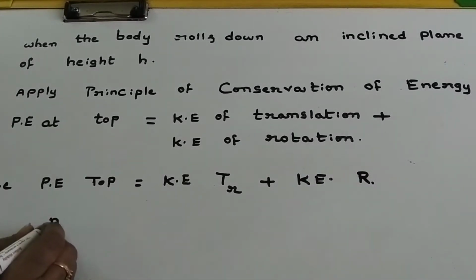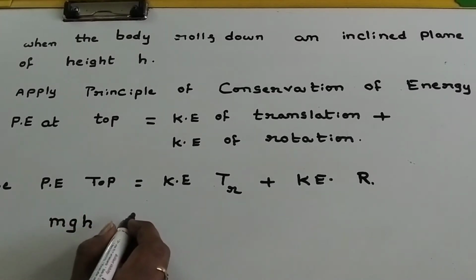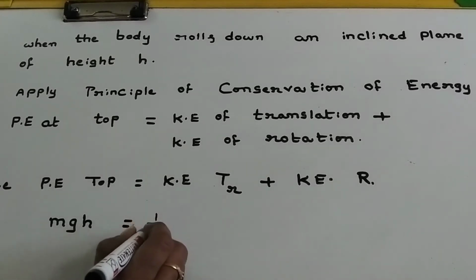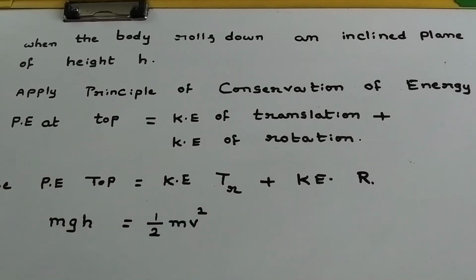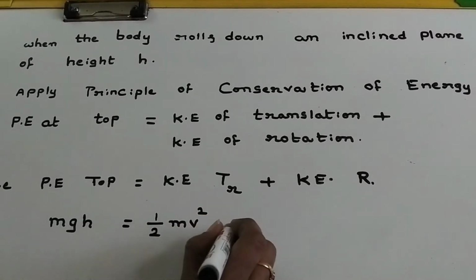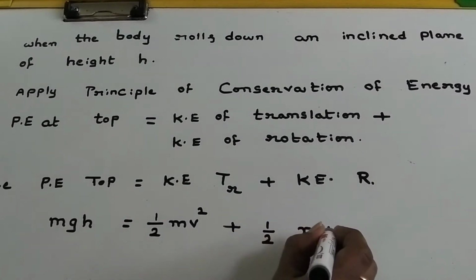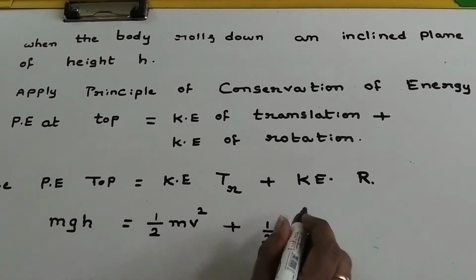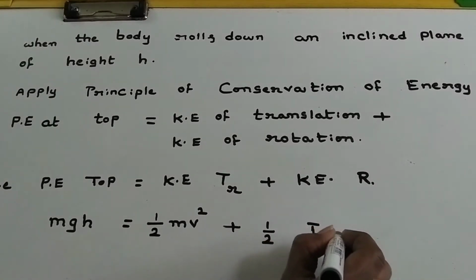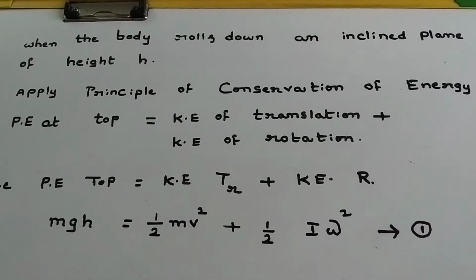That means mgh = 1/2 mv² + 1/2 I ω². Consider this equation number 1.